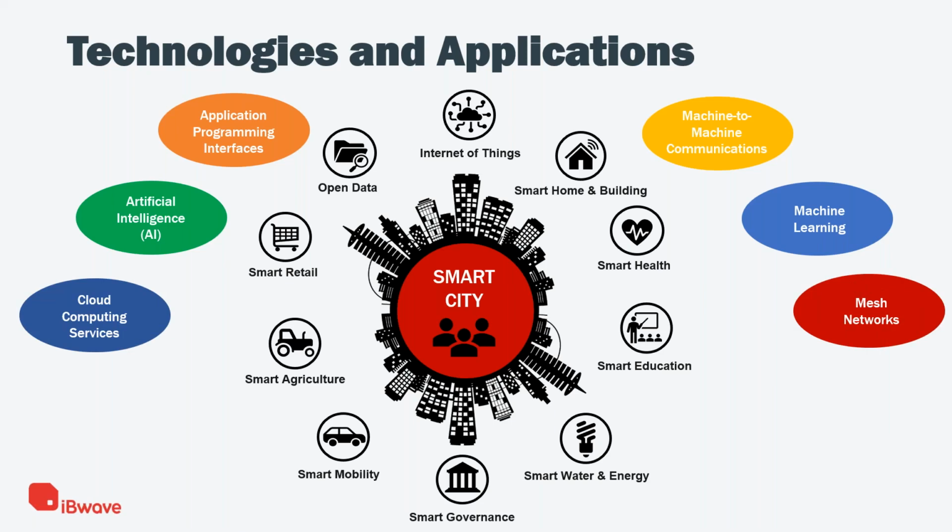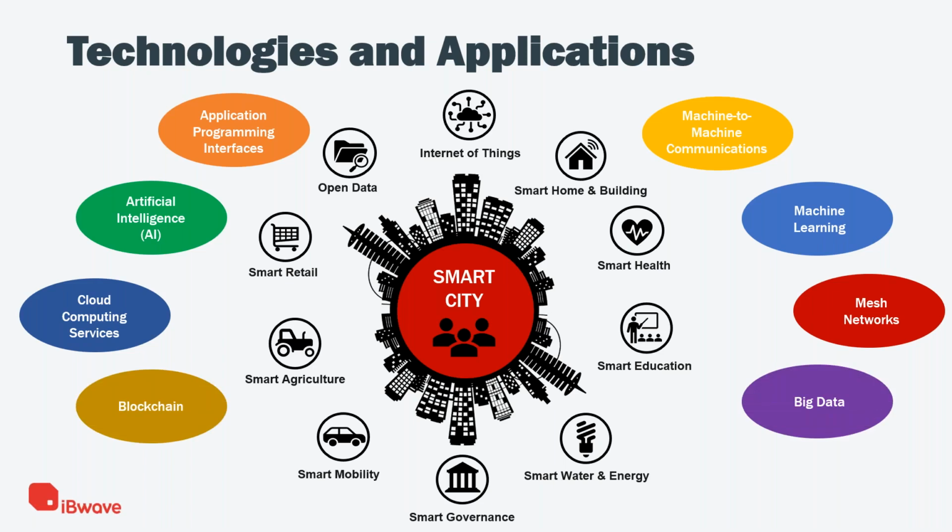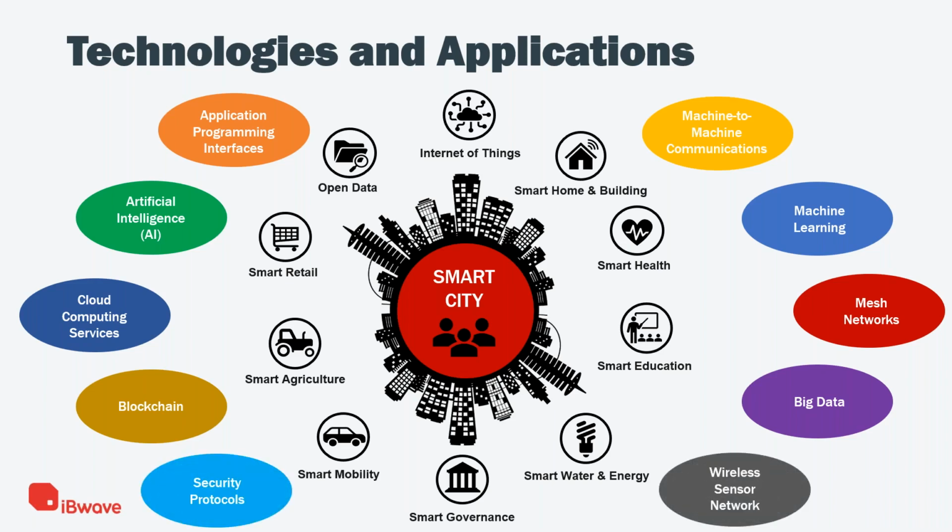And in order to make the solution operational, we need to work with mesh networks in order to provide the different networks, right? So we can work with different technologies from the network perspective. And of course, we are talking about a lot of data, so we need applications such as blockchain, big data, and of course, security protocols and wireless sensor networks.